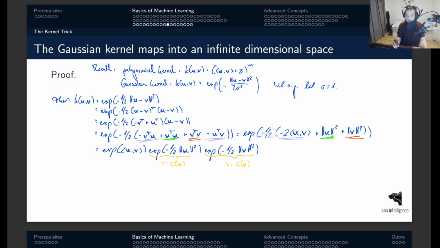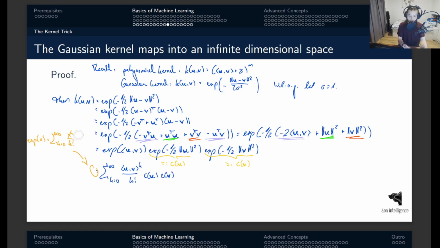And since the exponential decomposes into products if the argument is a sum, we arrive at this expression: the exponential of the inner product of u and v times the exponential of -1/2 times the squared magnitude of u times the exponential of -1/2 times the squared magnitude of v. We call this constant cu, and we call this constant cv.